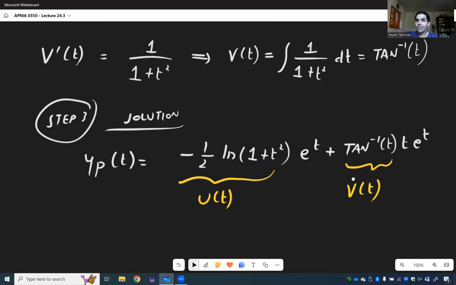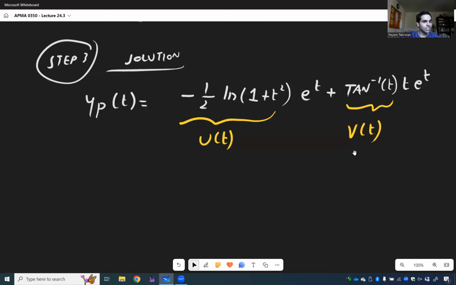And then, remember, that's not the end. We have to find a general solution. So y of t is the homogeneous solution plus the particular solution.